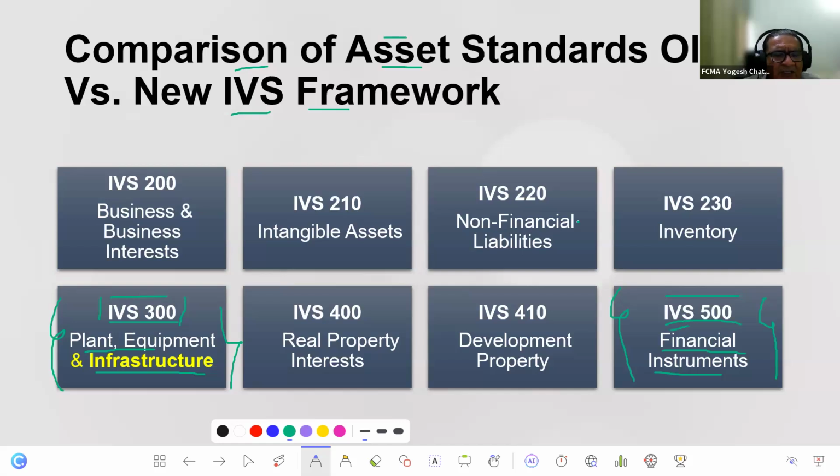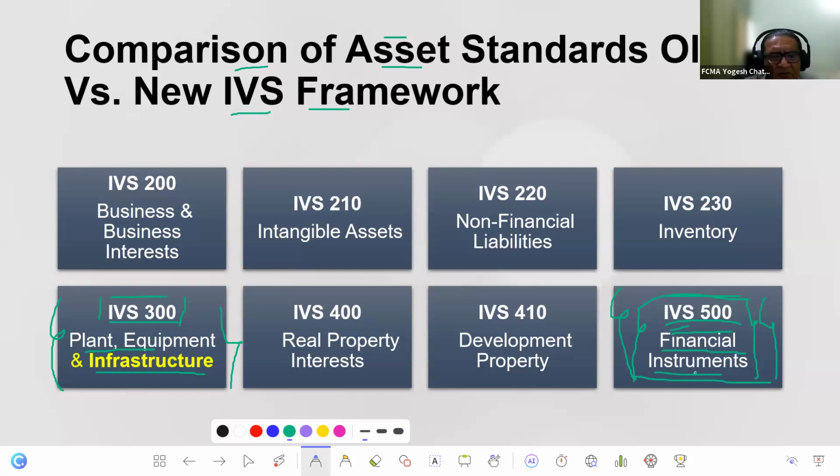You all will appreciate that financial instruments have a very, very wide coverage, and practically all types of financial assets, or the majority of them, will fall within financial instruments. So for SFA valuers, I will suggest you kindly go through this revised guidance, completely rewritten and comprehensively amended.